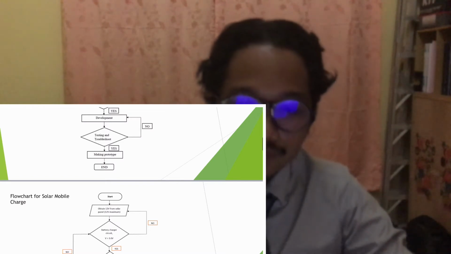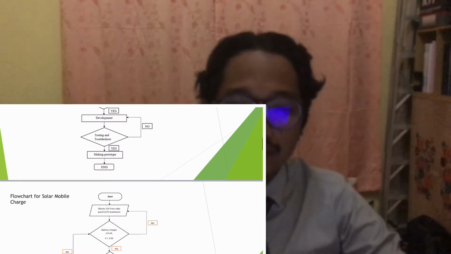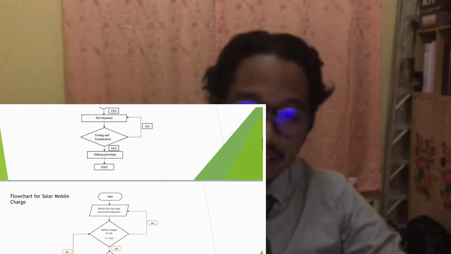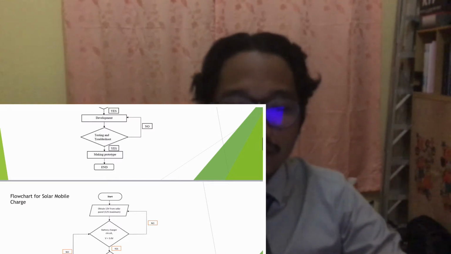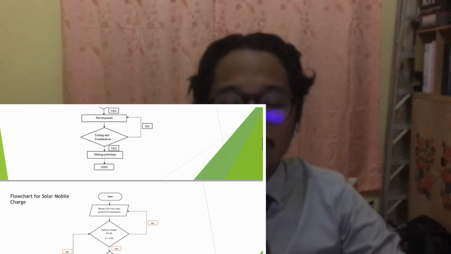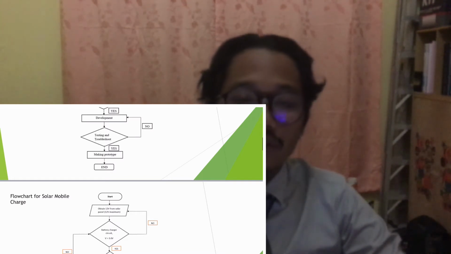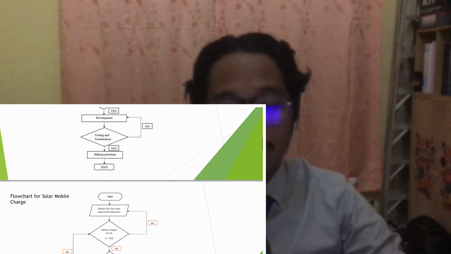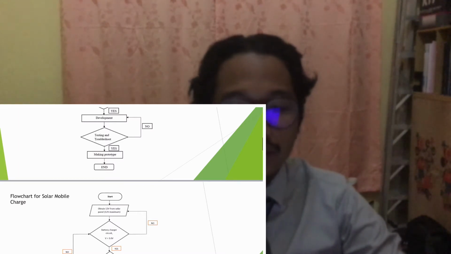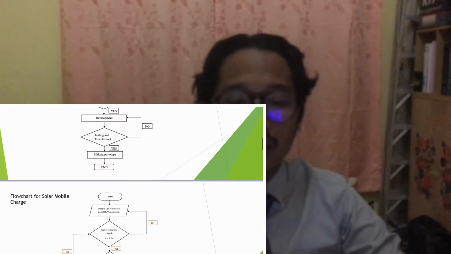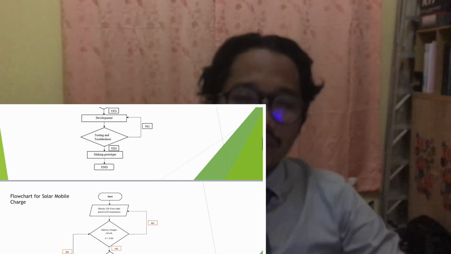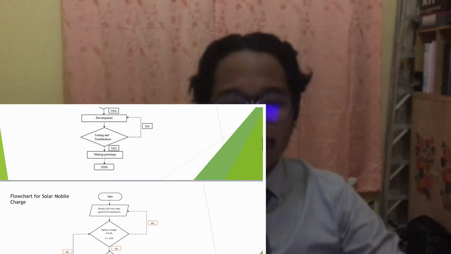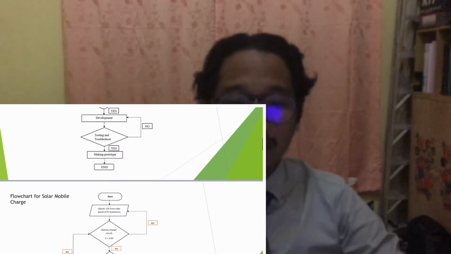Next is the flowchart for the solar mobile charger. It will start, and after start it will obtain 12 volts from the solar panel, which is the maximum voltage. After it obtains that, it goes to the battery charger circuit, and if the voltage is 3.6 volts, it goes to the step-up booster.